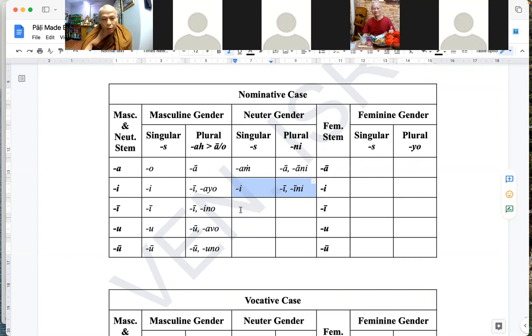And for the ī also, singular is ī, plural also the first form is ī, and another form has ni added. So in singular, masculine is ī and neuter singular is also ī.